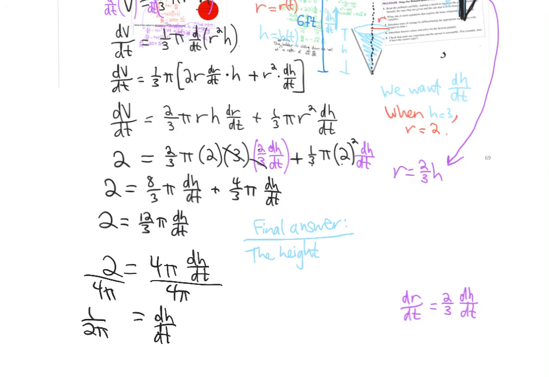the height or level of the water is increasing at a rate of 1/(2 pi). What were our units again? Feet per second, I believe.